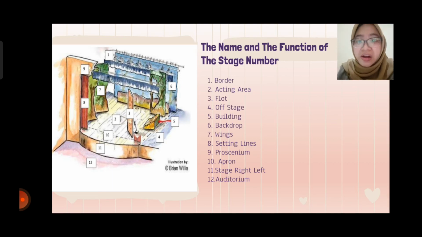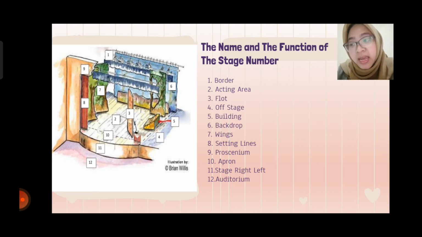It appears to form an arch over the stage from the audience's point of view. And the tenth is the apron, the area of the stage in front of the proscenium arch, used as the main acting area.